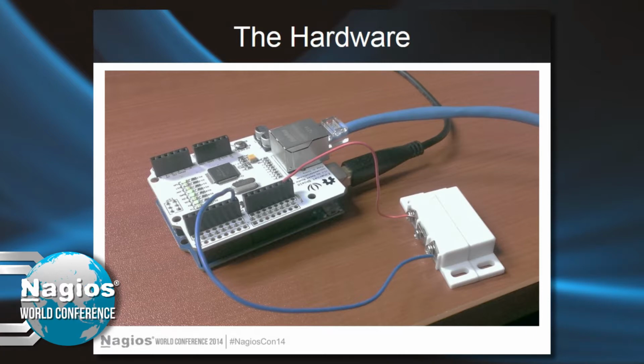So here's what I have sitting up here. On the right, that little white thing with the 2 wires coming out of it, that's the magnetic sensor. Again, you move it apart, the sensor reads one value, you put it together, sensor reads another value. The red cable goes up to the ground.